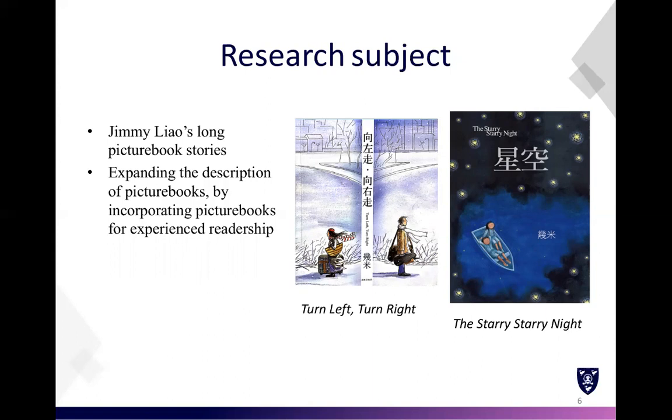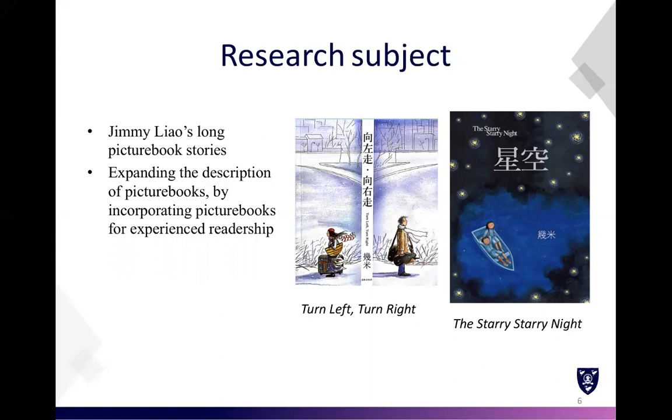Therefore, it remains questionable whether the meaning-making systems developed from examining children's picture books can be applied to describing picture books in different contexts or written for different social functions.